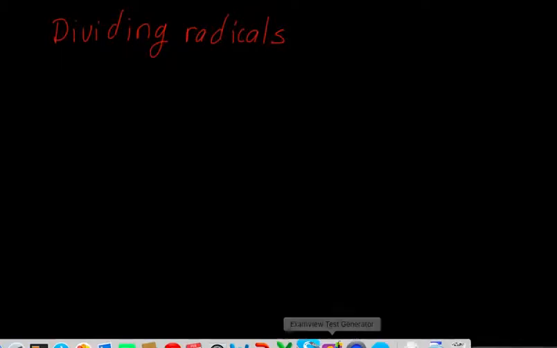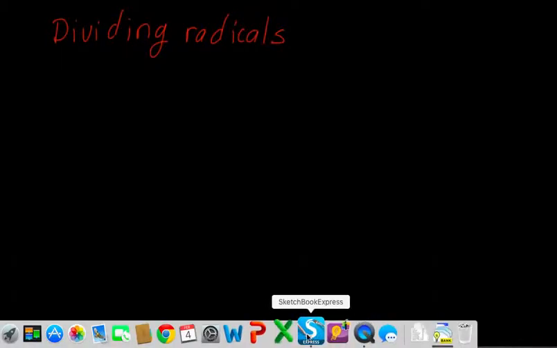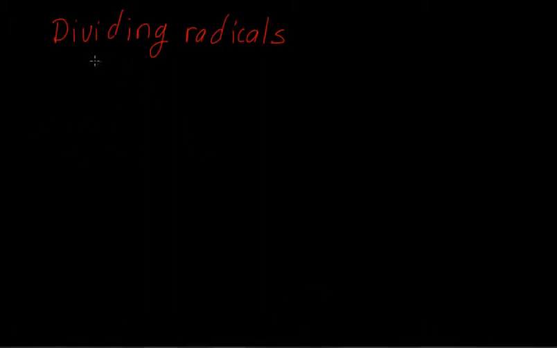Hello again. We are back in the world of manipulating radical expressions, and the idea up for bids at the moment is dividing radicals. There is a little bit going on with dividing radicals, which I don't suppose is a big surprise. But the primary thing utilized in dividing radicals is this expression.